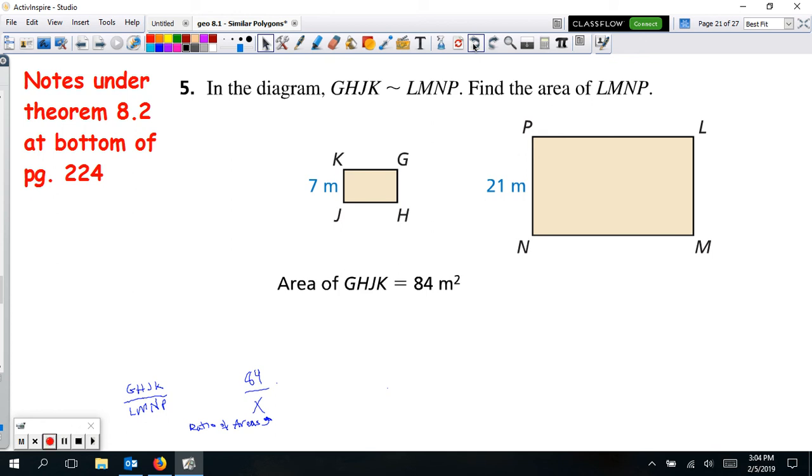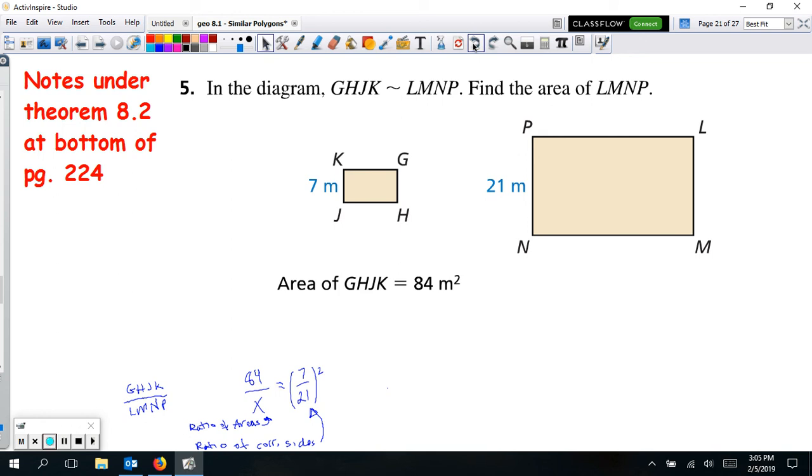And then I'm going to set it equal to the corresponding sides here. So I'm going to put the smaller one, the 7, on top and the 21 on bottom, and it's going to have to be squared because the ratio of the areas to the ratio of the corresponding sides, it's going to be the square of the corresponding sides or the square of the scale factor.